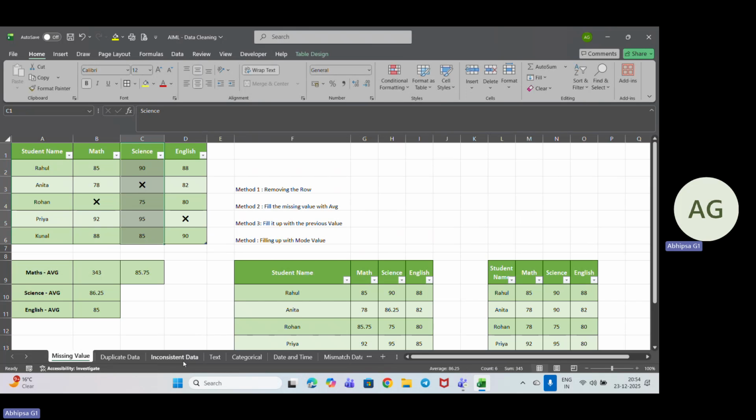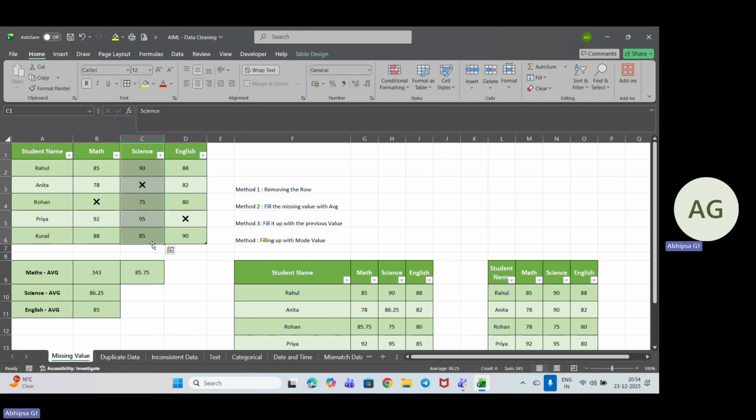So if the majority or most of the students have scored around, suppose here the numbers are very different, but if most of the students have scored around 85, like 85 is the frequency of 85 being the score is the majority, like around 3 or 4, right?